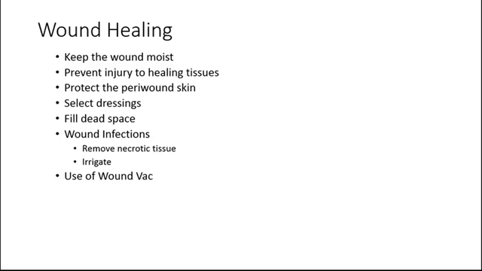So we want to prevent injury to healing tissues. Also protect the peri-wound, the skin surface surrounding the wound. We want that to be dry. We don't want moisture because that promotes skin breakdown. So we want to protect the perimeter, the peri-wound skin.